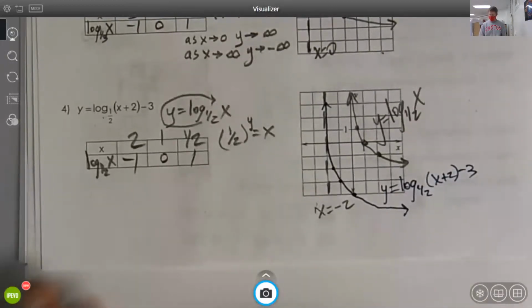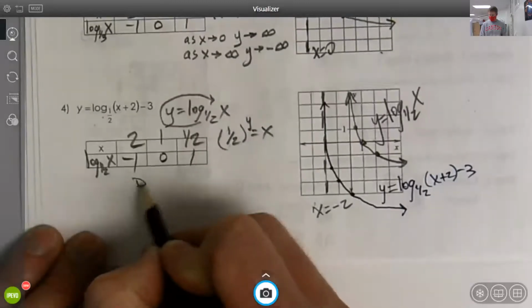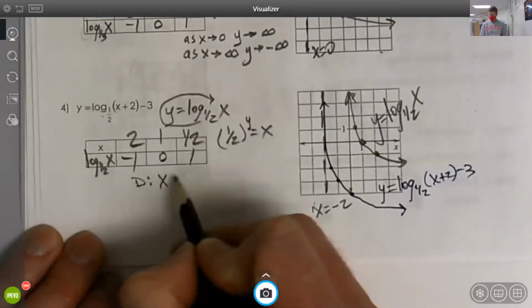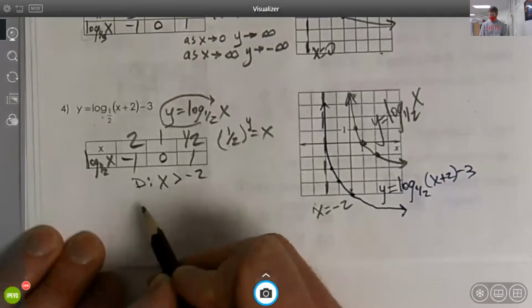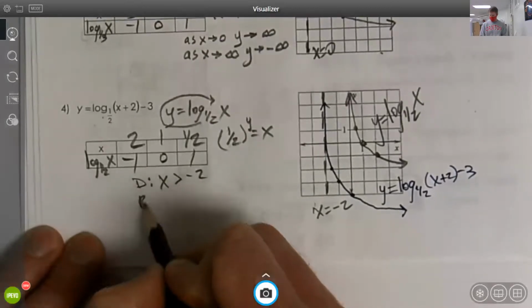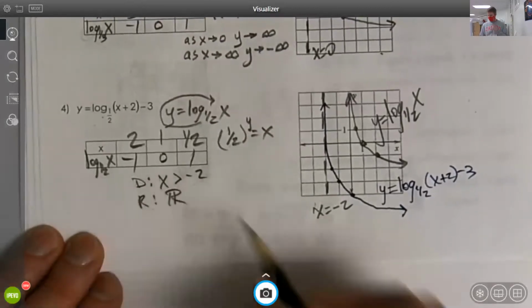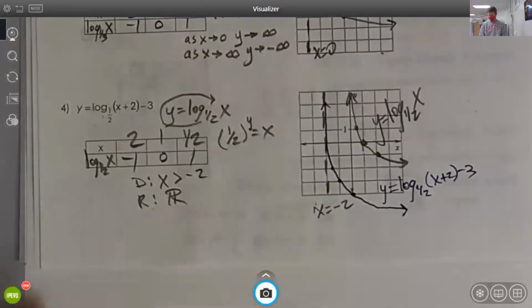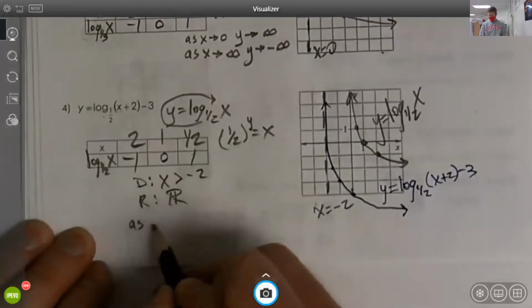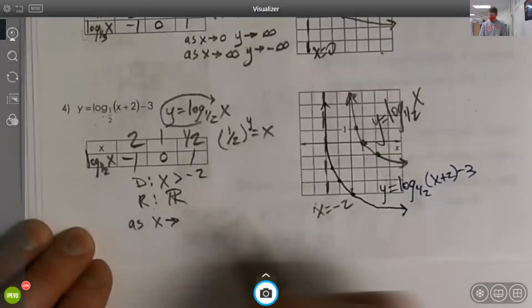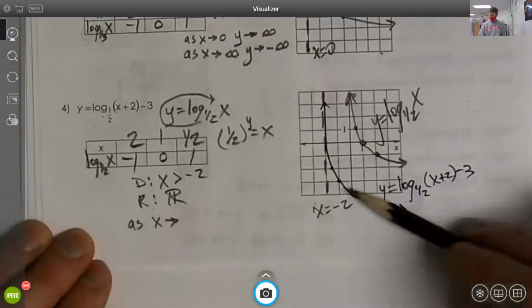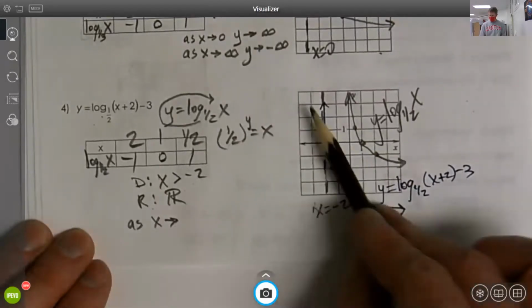In this case, of course, our domain would be x values being greater than -2, and a range being all real numbers. And as x approaches, let's see what x is approaching. As x gets smaller, it's only going to -2.